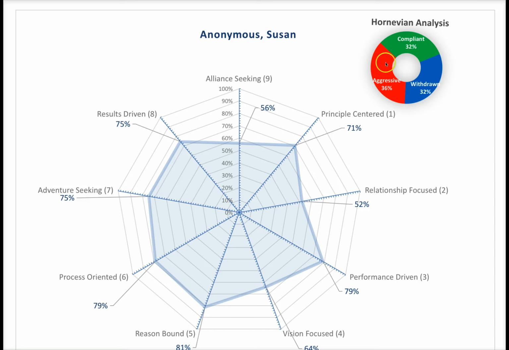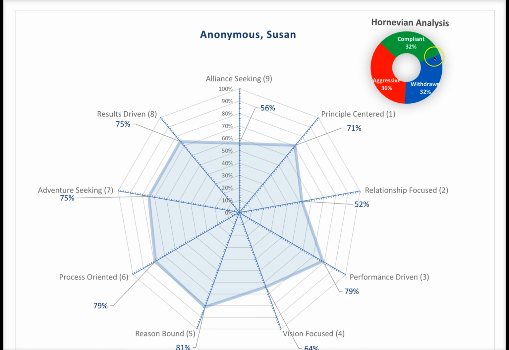So up here is an analysis that takes these 9 scores and breaks them down into 3s. We have an aggressive score, a compliance score, and a withdrawal score. These are based on the work of Karen Horney, the famous social psychologist, and we call it a Horneyan analysis of the same data.